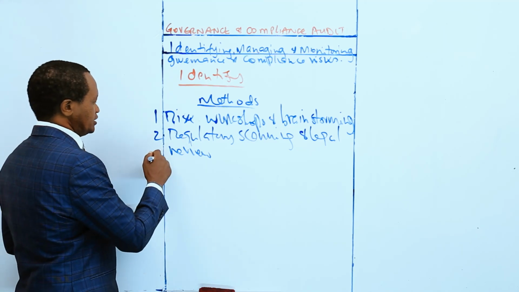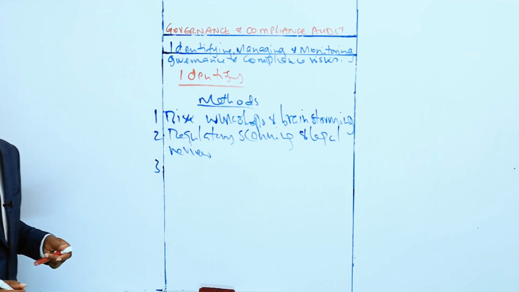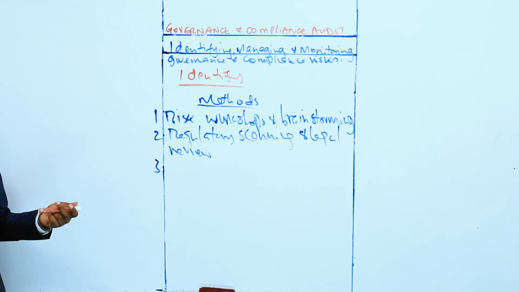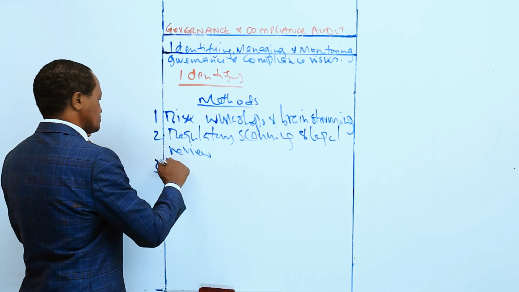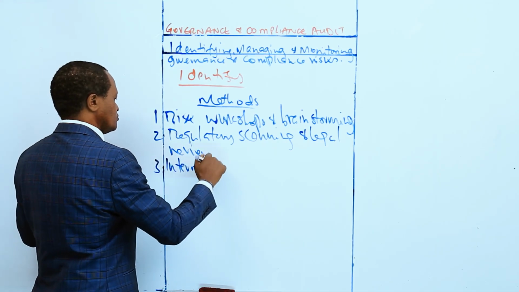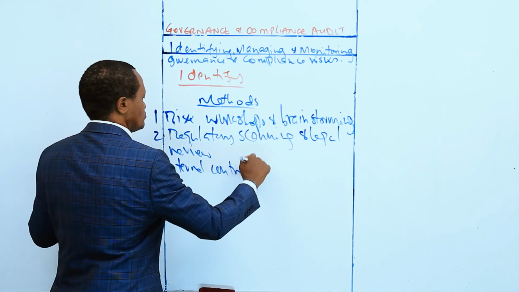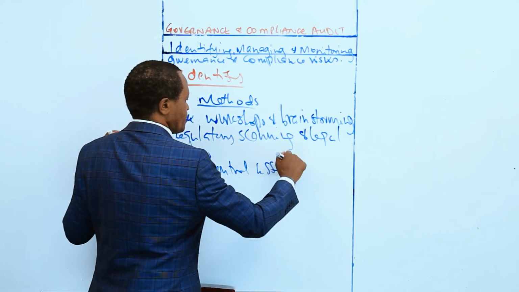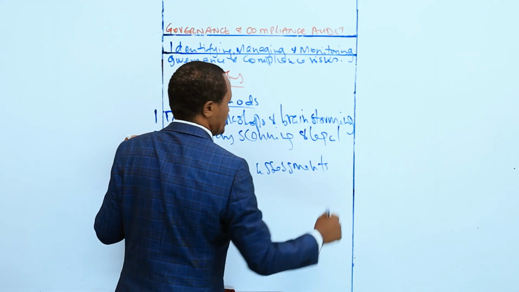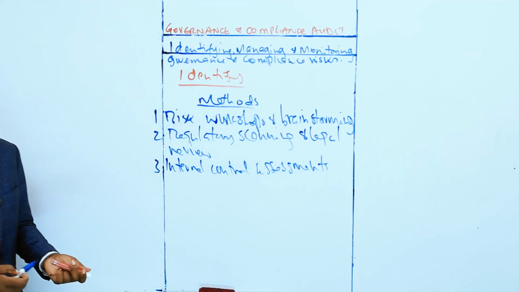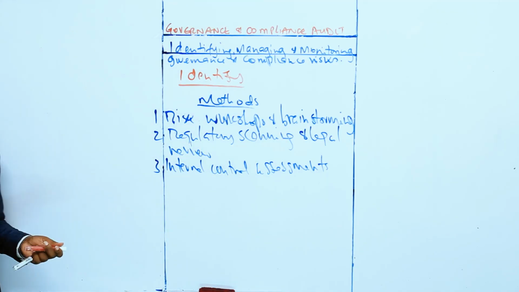The third way is internal control assessments. Internal control assessments involve evaluating the design and operating effectiveness of existing internal controls, where we may have, for example, weak controls.